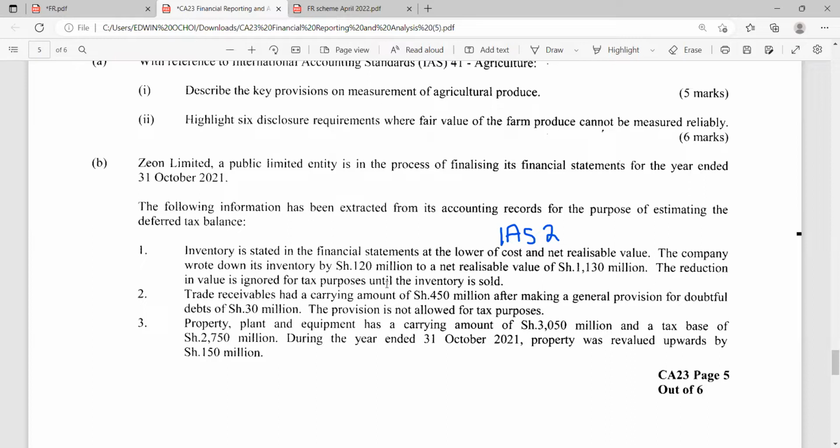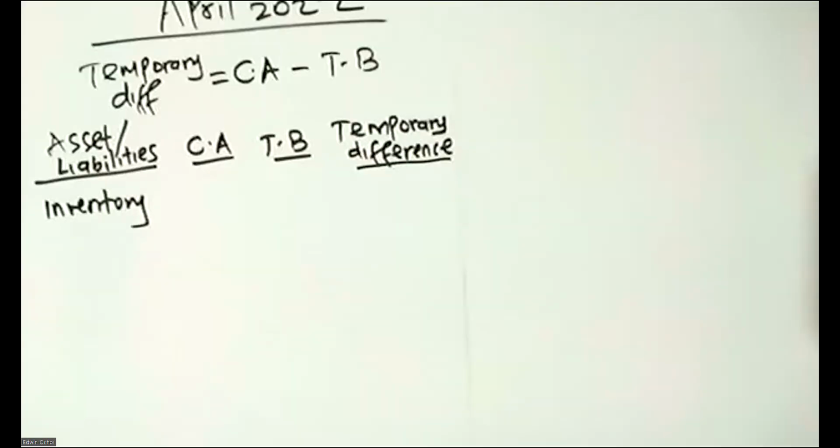So the reduction in value is ignored for tax purposes until the inventory is sold. So what am I supposed to record as a carrying amount?